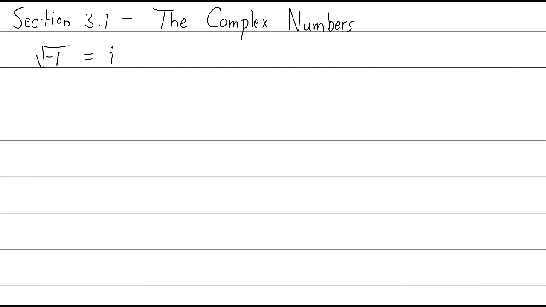The important thing about this, though, is that if i is the square root of negative 1, then if you square the square root of negative 1, you should get negative 1. In other words, i squared is negative 1.